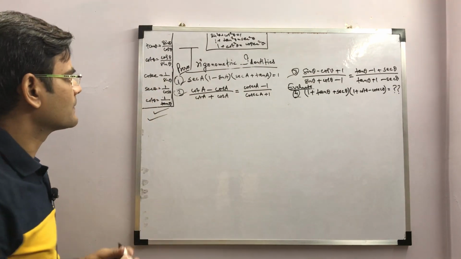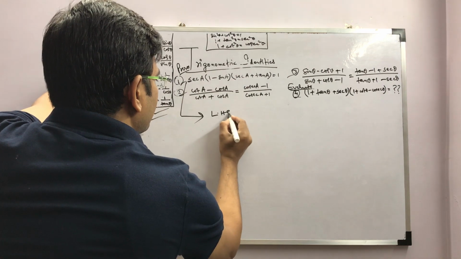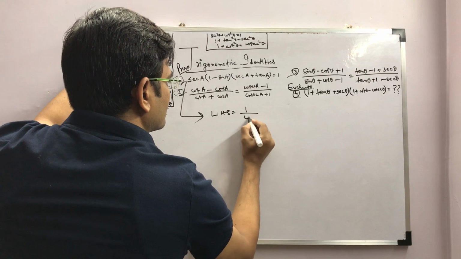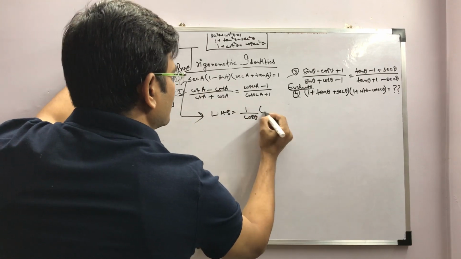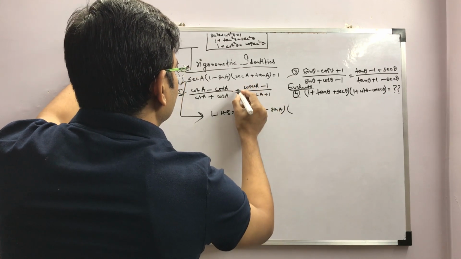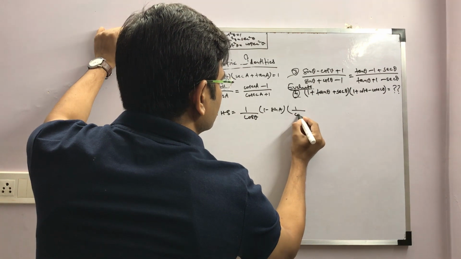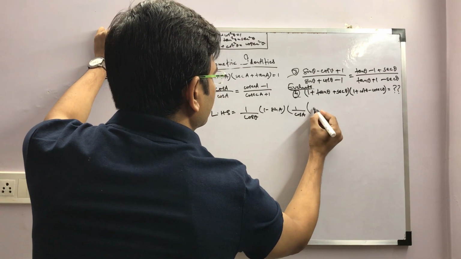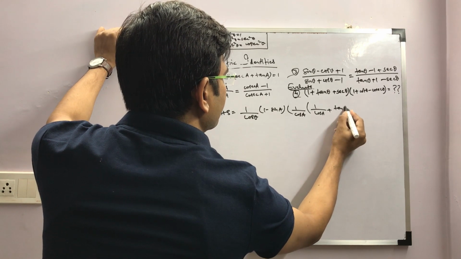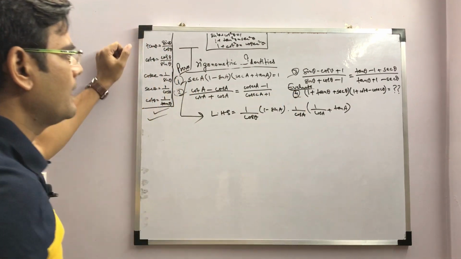First one, left hand side equal to, break everything into sin and cos. Sec theta is 1 by cos theta, 1 minus sin A into sec A, 1 by cos A, and this is 1 by cos A plus tan A. I broke everything.